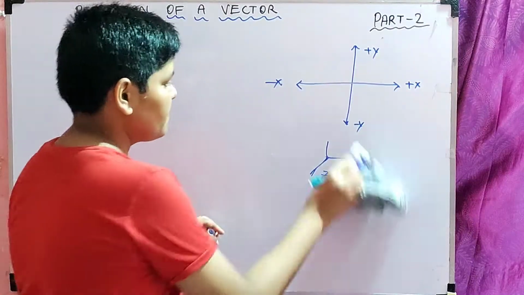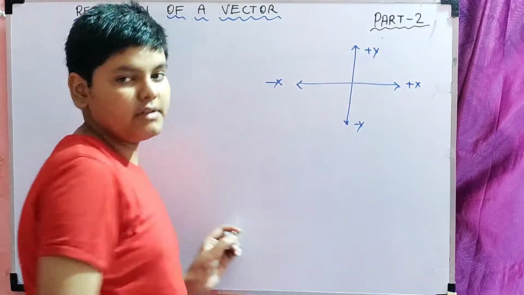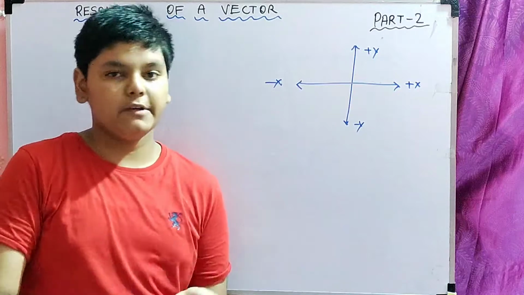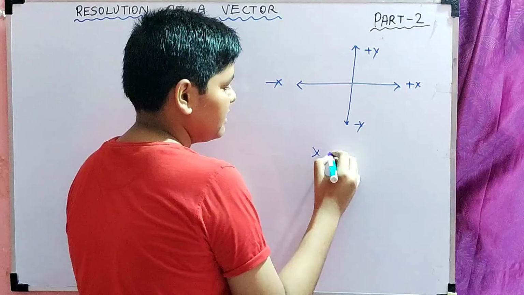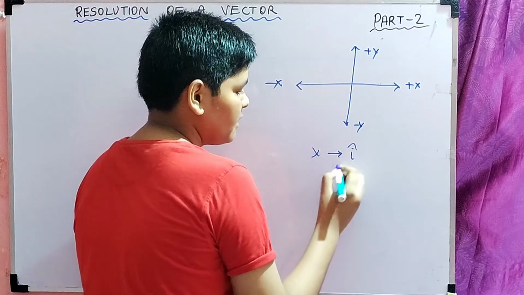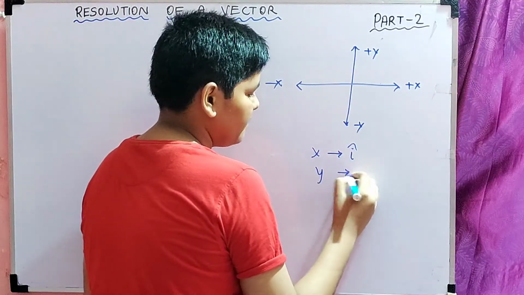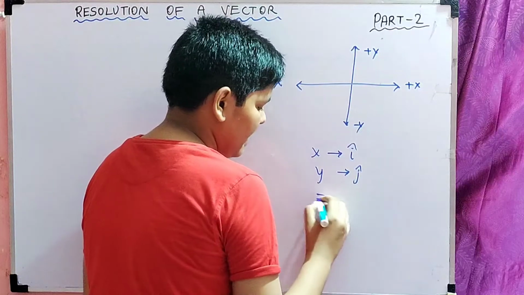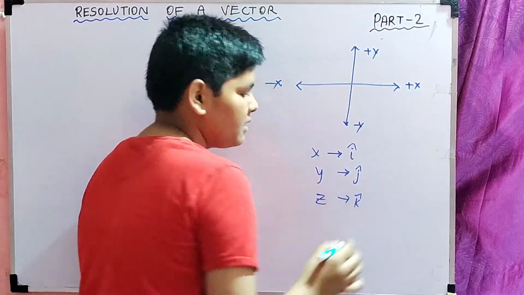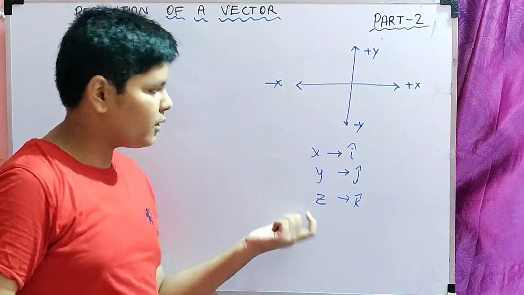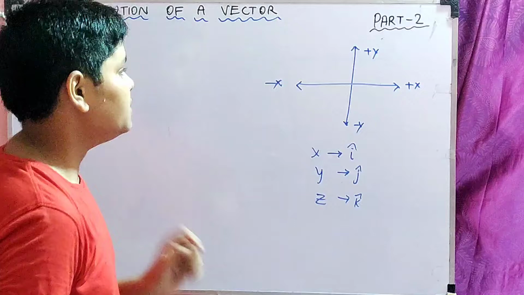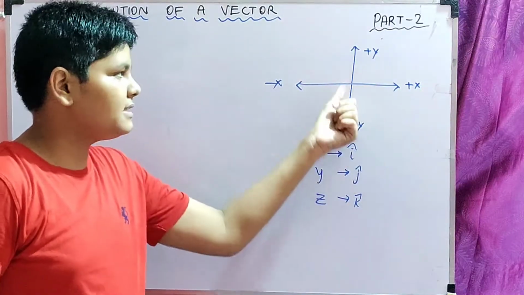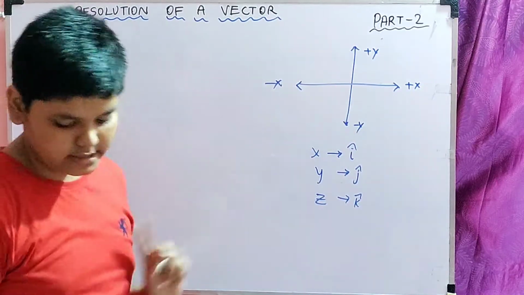In unit vectors, there will be a separate video about them, the x-axis is replaced by i cap, the y-axis by j cap, and the z-axis by k cap. We'll learn more about them in the unit vector videos. The z-axis comes outside and inside.